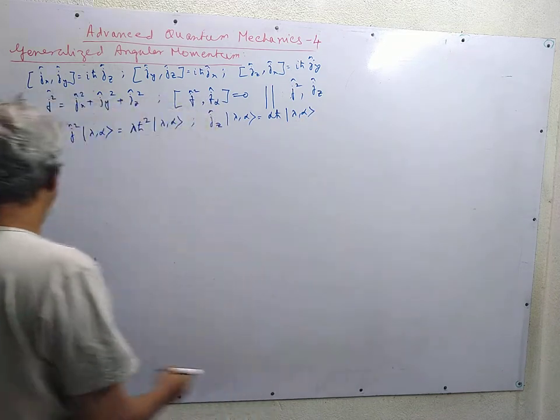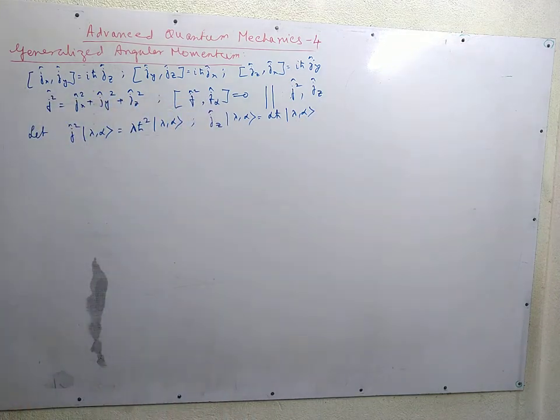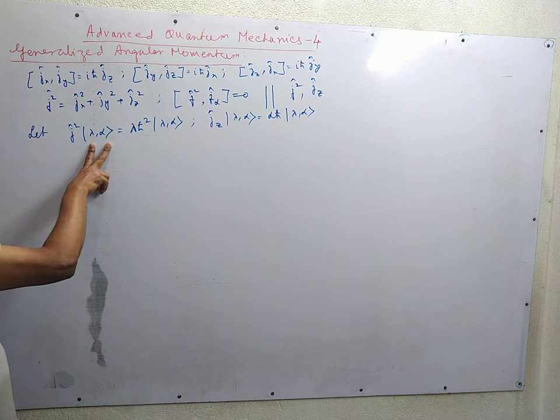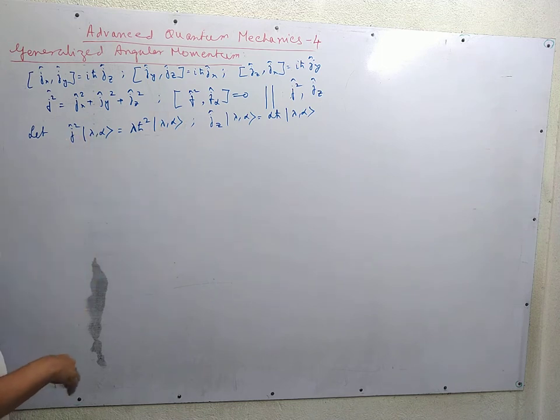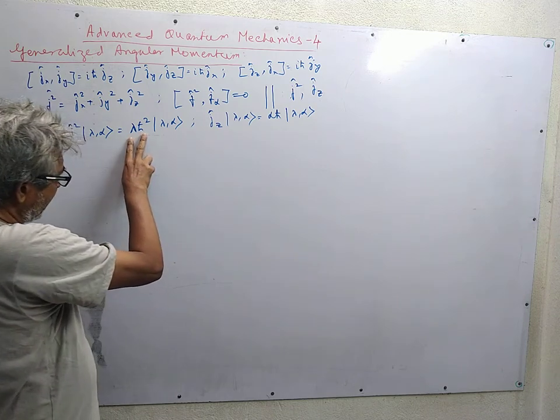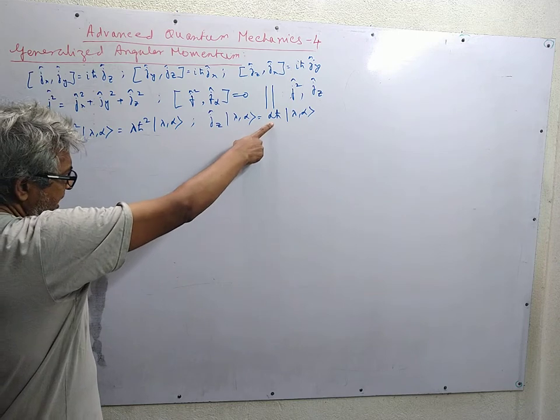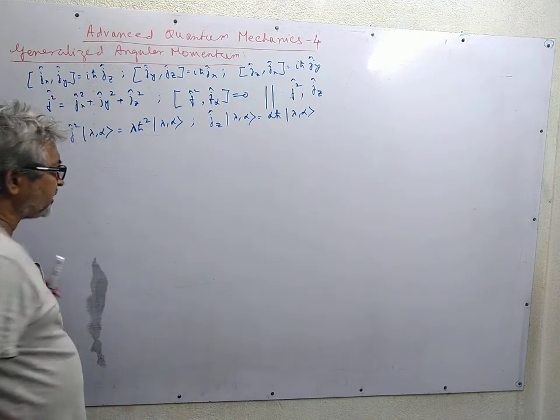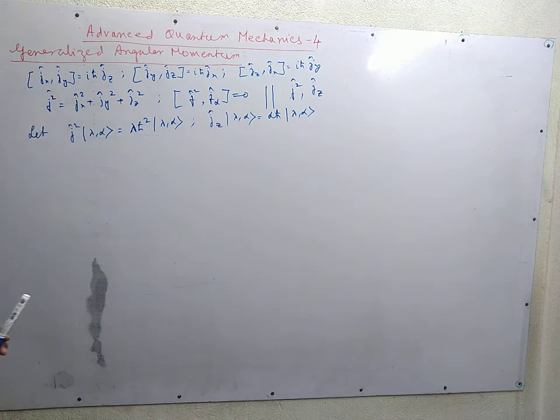That is to say, we assume that |λ α⟩ is the simultaneous eigenfunction of J² and Jz. For J² the eigenvalue is λħ², and for Jz it is αħ. We know that ħ is the natural unit of angular momentum, so λ and α are dimensionless quantities.